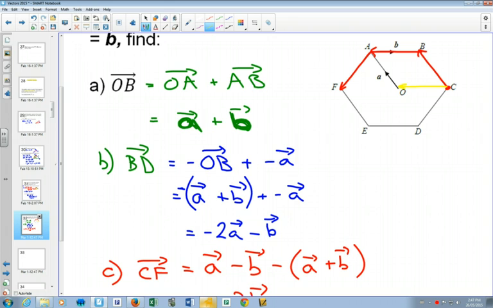But if you went once there and once there, then you can just get minus 2B. If you knew that those ones were that length, you just saw it and said, I can see that it's minus 2B's because I needed to get there and I've got that direction vector, then you're fine.